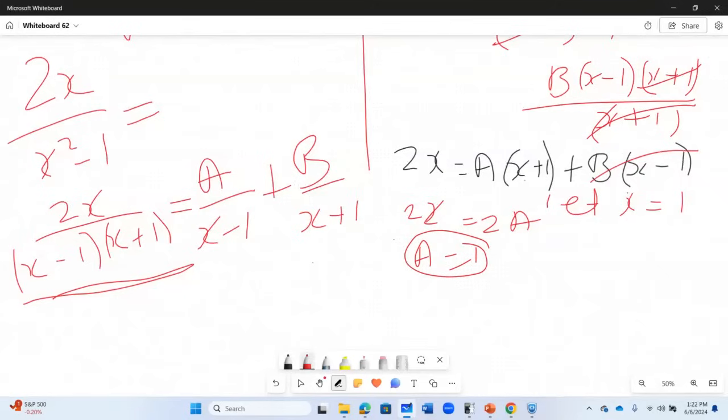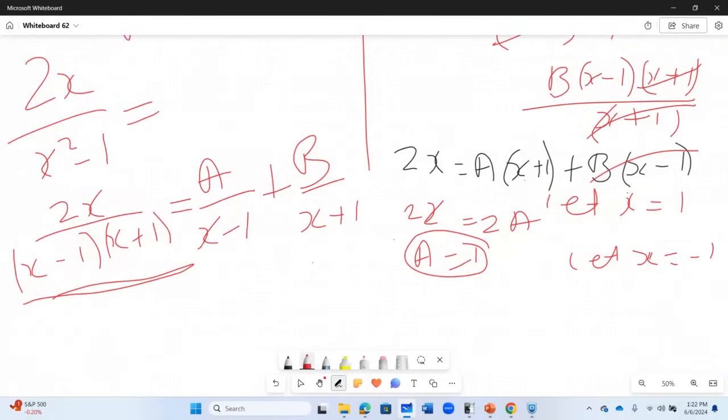All right, when I want to get the value of B, I can say let x be negative 1. You use factors and the zero product property.